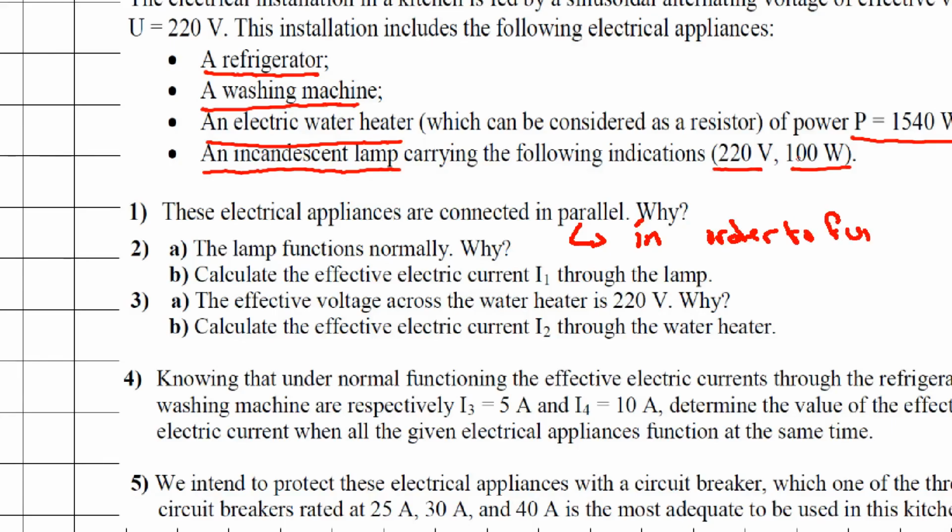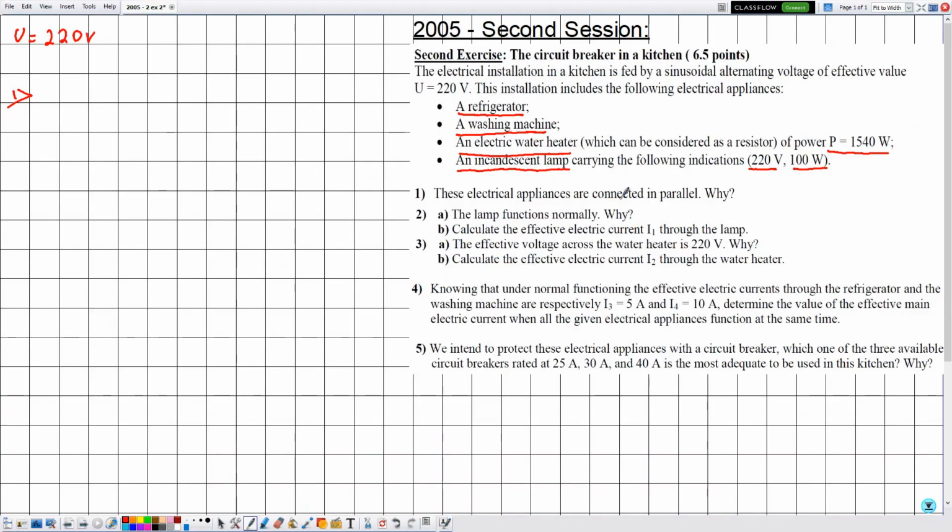By this we can switch off one electric appliance and keep the other one on, and this is the reason why electric appliances are connected in parallel, and not because they have the same voltage. Then let's say: in order to function independently.